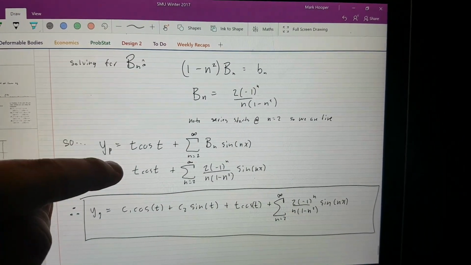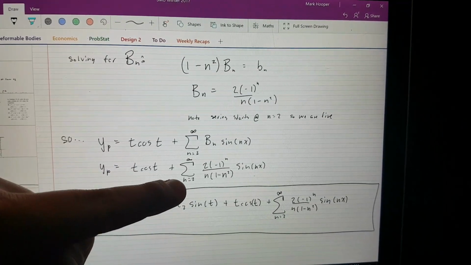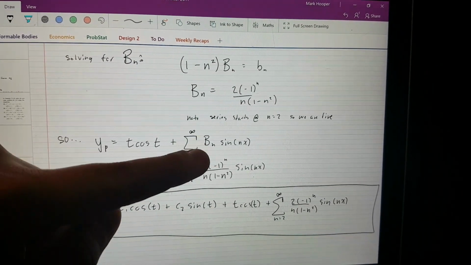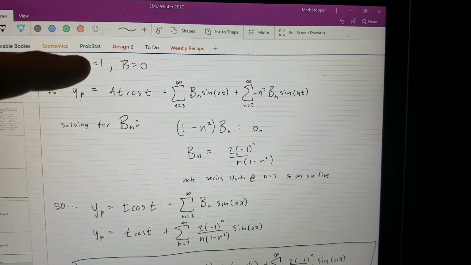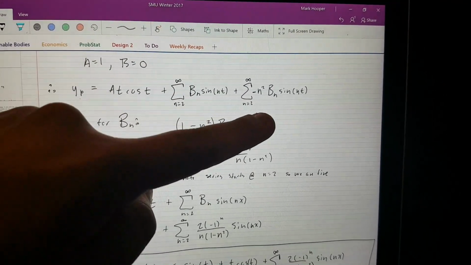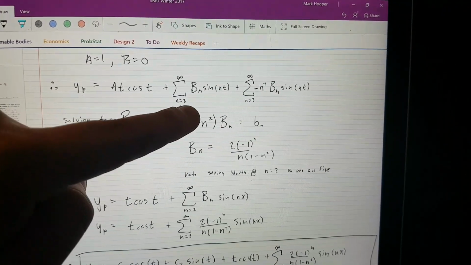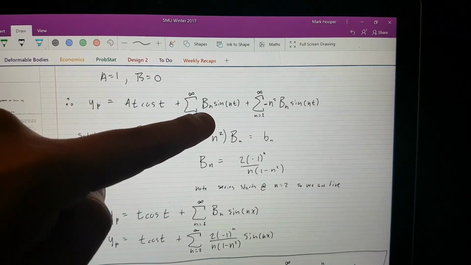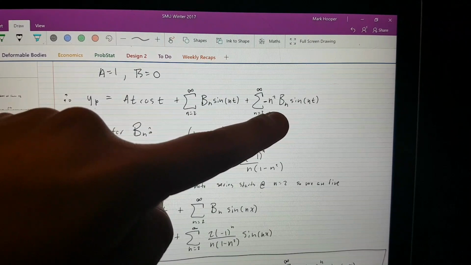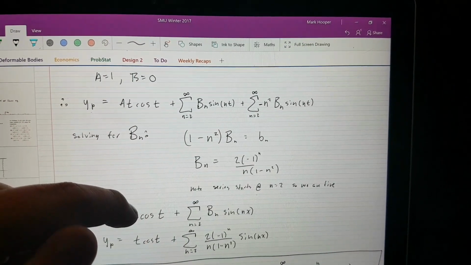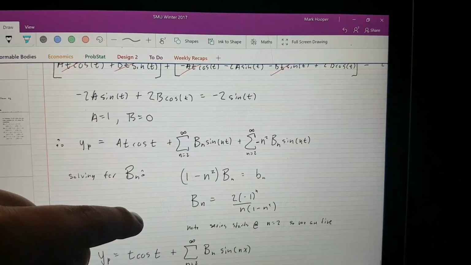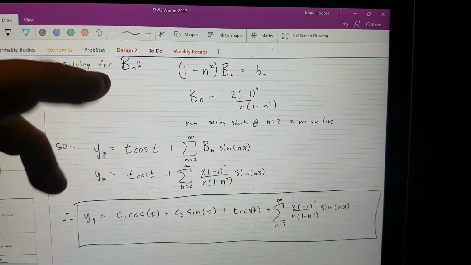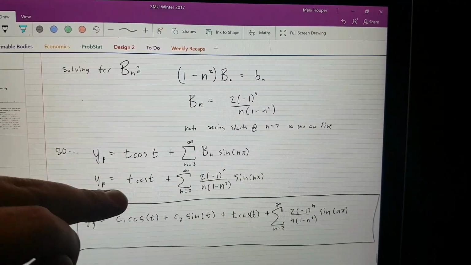So our particular solution looks like this, and this is our capital BN. So he did this stuff beforehand, so I probably should have done it like that. You could consider this line wrong, because you could write this as little b, and then that would work, I guess. Because then, no, it wouldn't be little b. Anyway, sorry, I digress. I'll recap it in a minute.